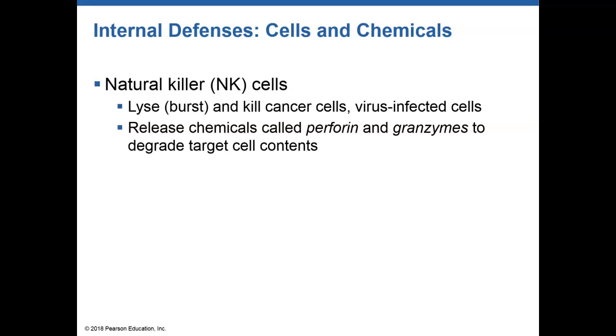Natural killer cells will recognize that difference and attack. When they attack, they secrete chemicals called interferons that help to break down the cell itself. The interferons open up the cell, and then granzymes get in and cause the cell to undergo apoptosis.